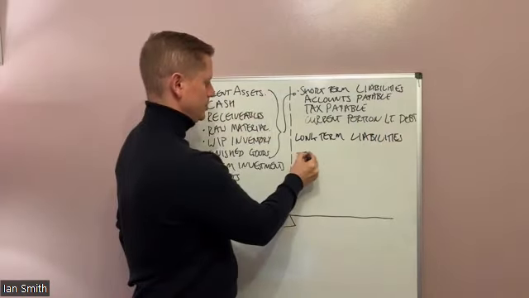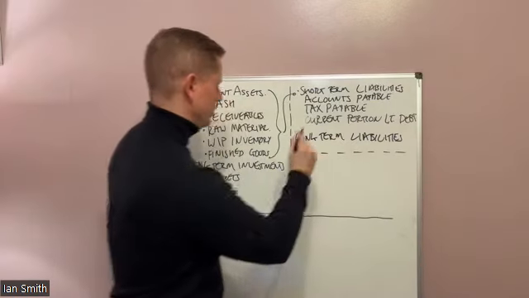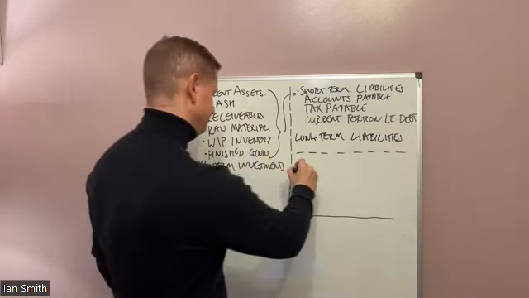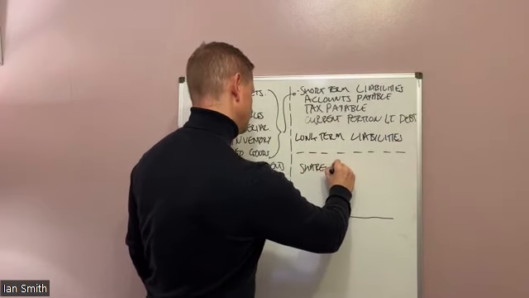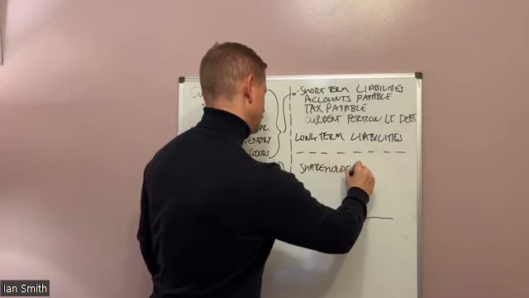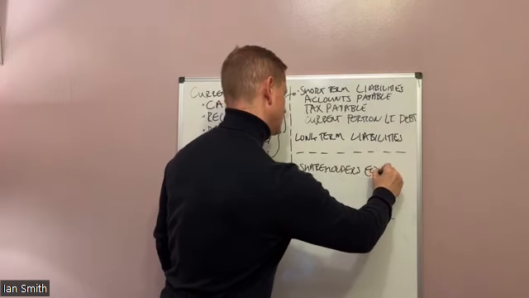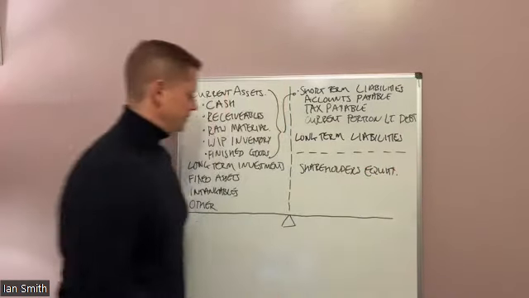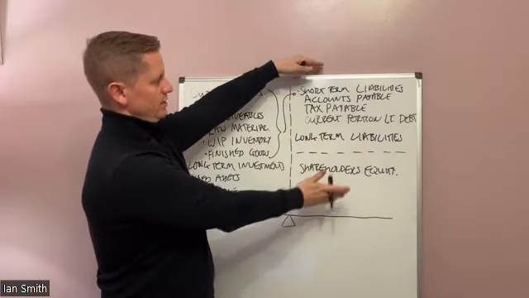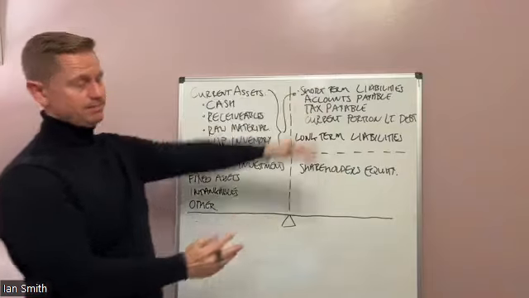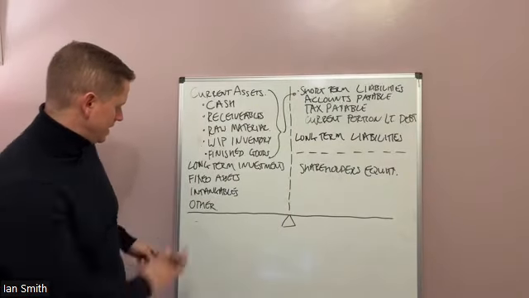And then just as a dotted line, you've got shareholders' equity. Okay, so again, total assets need to balance with total liabilities plus shareholders' equity. And that gives you the firm value.